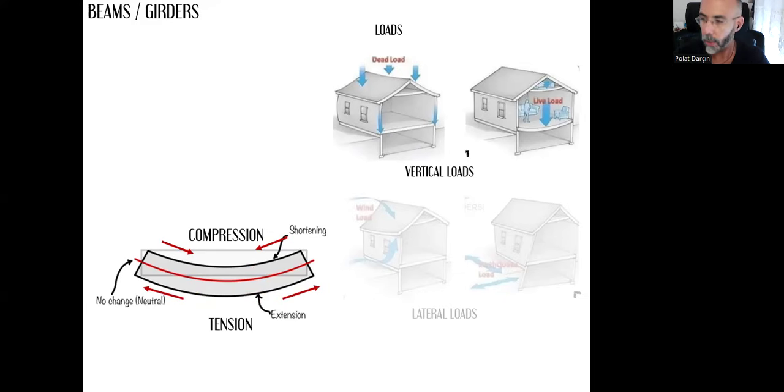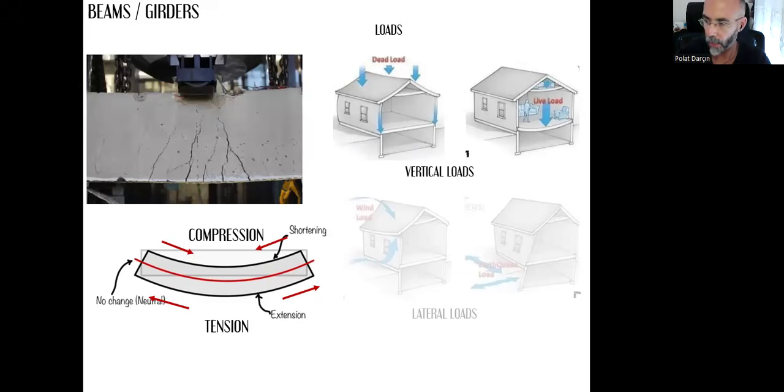And that's where we get tension at the same time. When a beam is subjected to vertical loads, the upper part will be subjected to compression stress, and the lower part will be subjected to tension stress at the same time. And because of these different stresses, it starts to deform into this bending shape, like that. And this is what we call a bending deformation.